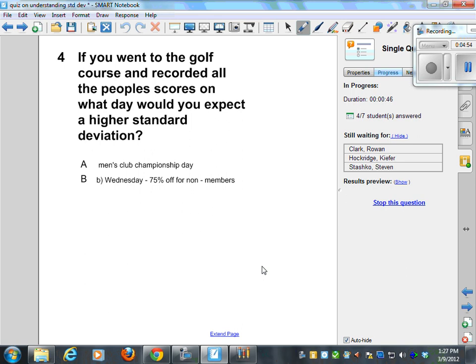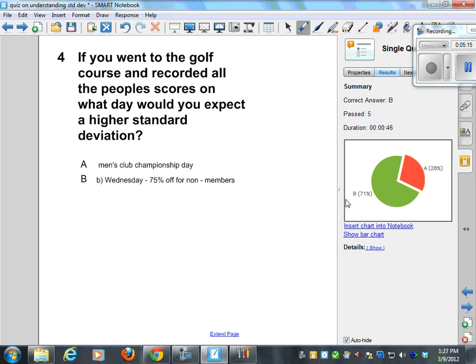Higher standard deviation, not higher scores. Yeah, not higher scores. I messed up. Go back. Correct answer is B.